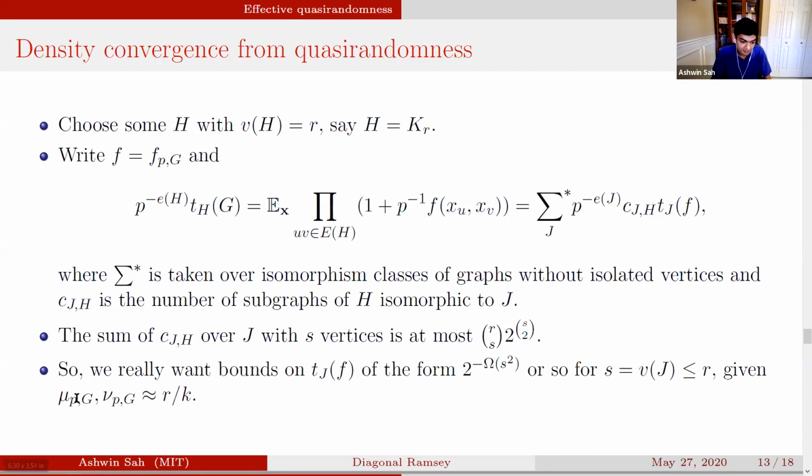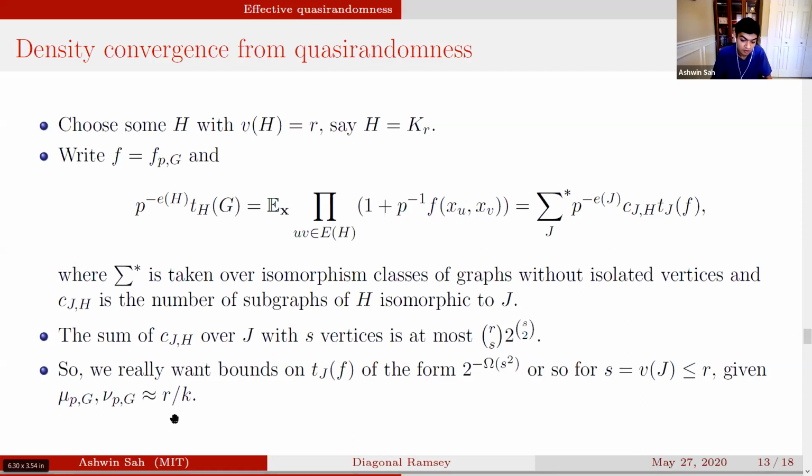And we know that the amount of quasi-randomness we have is that nu is around 1 over k. And here's the relation between k and r. So ultimately r, for the maximum value of s, is going to be around log k in size.